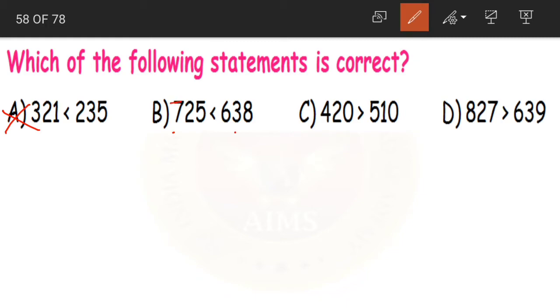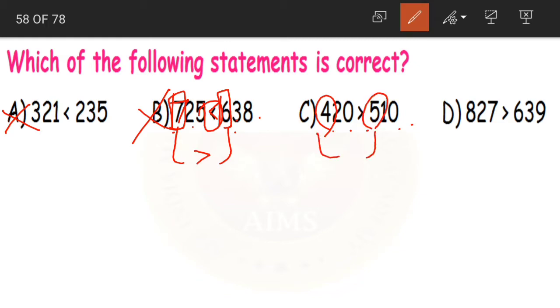Coming to option B, 725 less than 638. If we compare 7 and 6, children, again 7 is greater than, but here we are having the less than symbol. Again this is also not correct. Now option C, 420 is greater than 510.